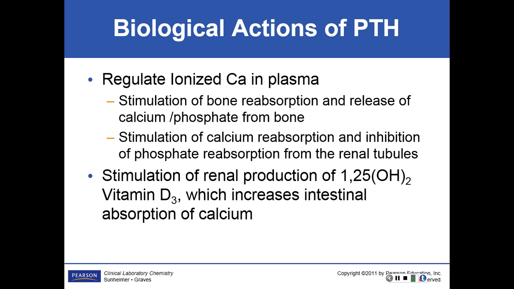The actions of parathyroid hormone, as we said, are to regulate ionized calcium along with phosphorus for our bone reabsorption, and it is involved in our production of vitamin D, which will cause an increase in intestinal reabsorption of calcium.